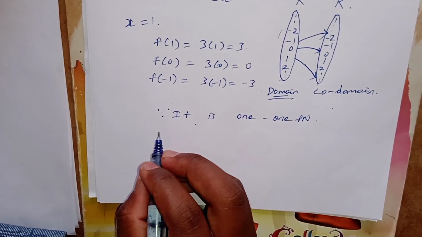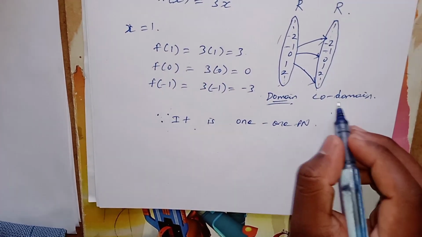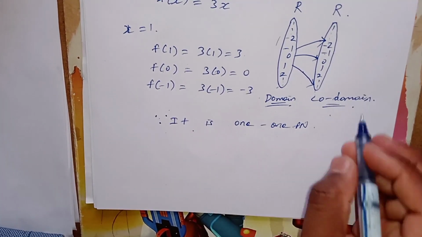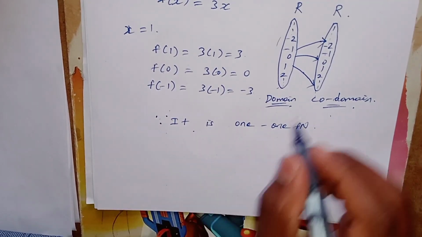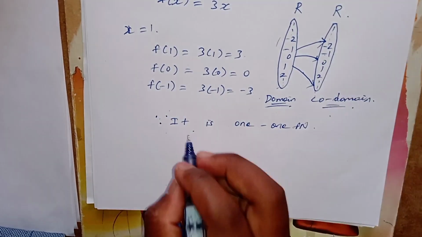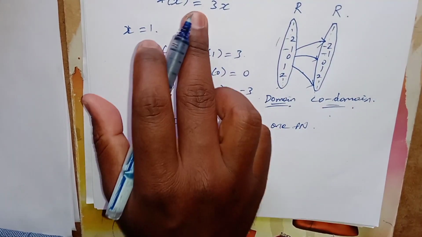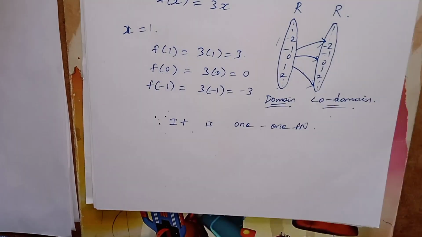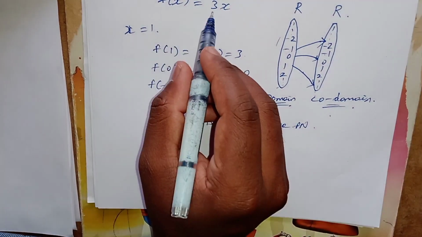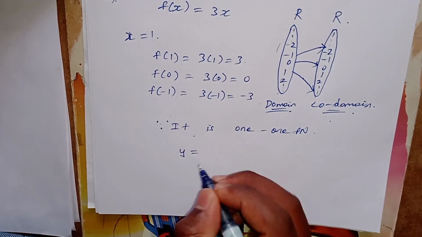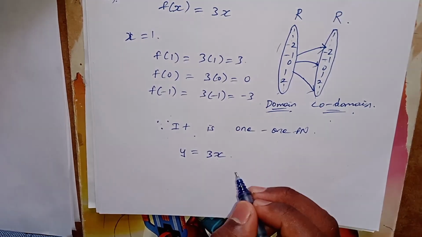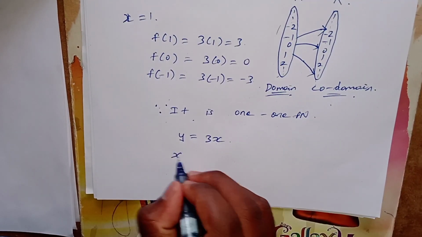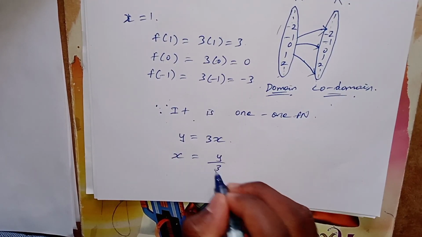Next for onto function, you should see the codomain terms. In the codomain, minus 2 I am taking. Therefore you should take y equal to 3x. Now x equal to y by 3.